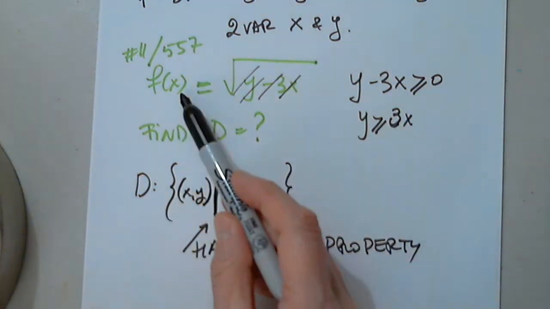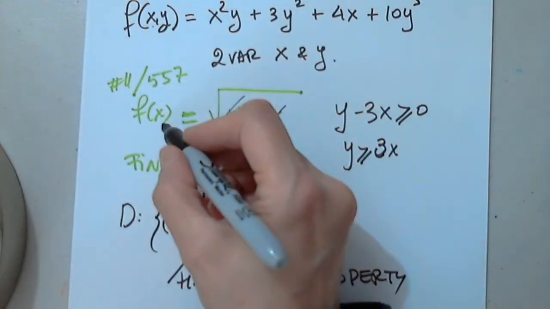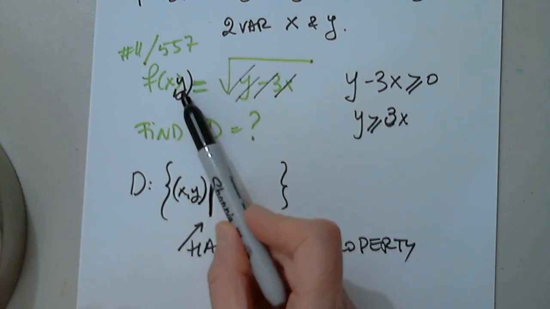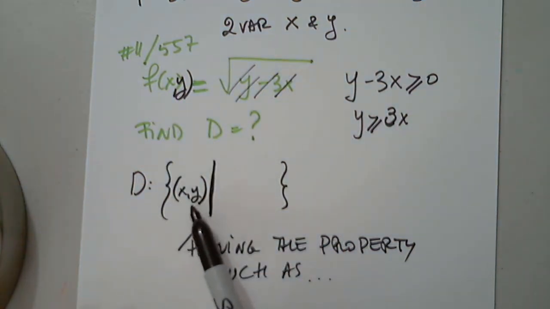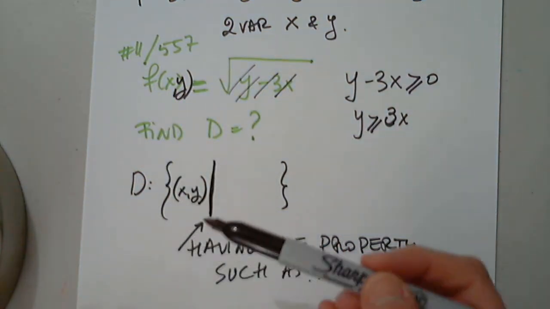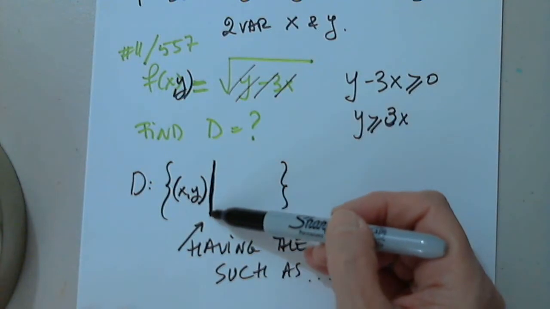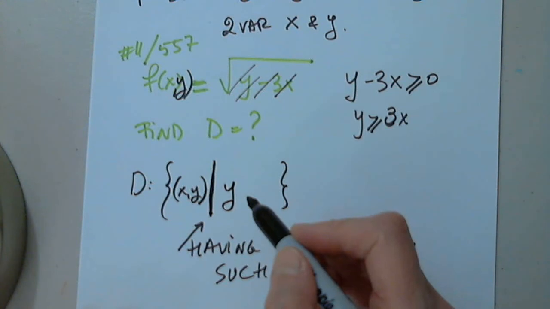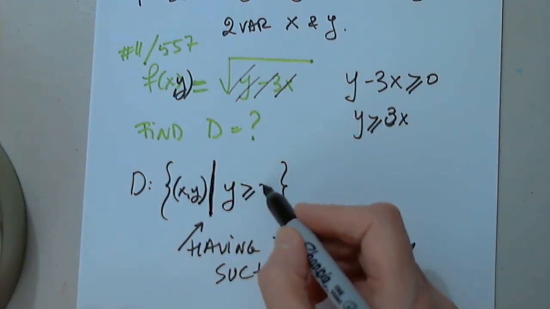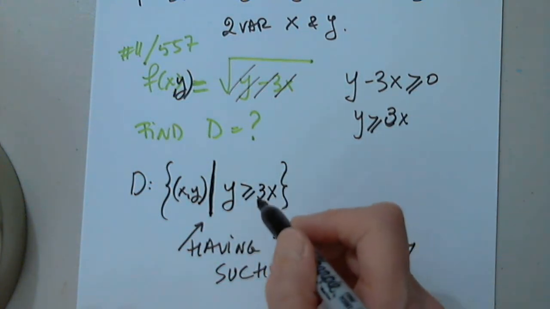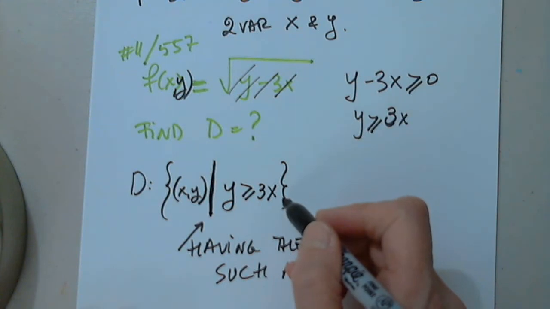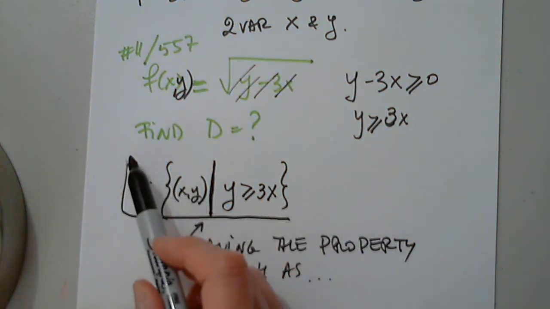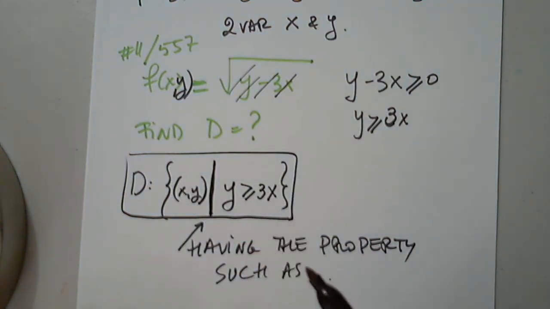So the domain of such a function consists of ordered pairs having the property, or such as, y, any y coordinate is greater than or equal to 3 times the x coordinate. And this is the way we write the domain for such a function.